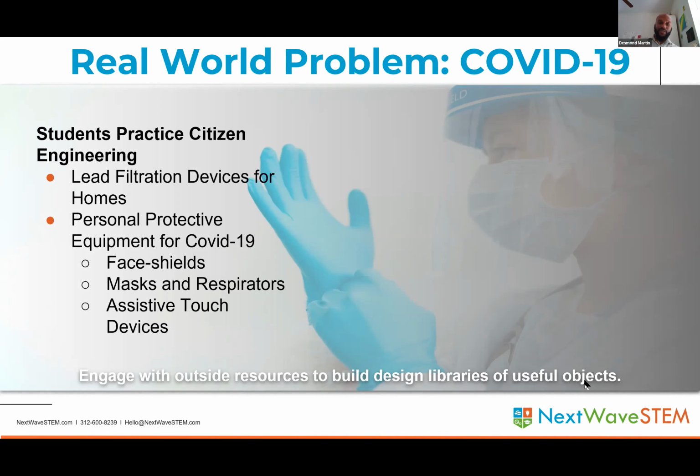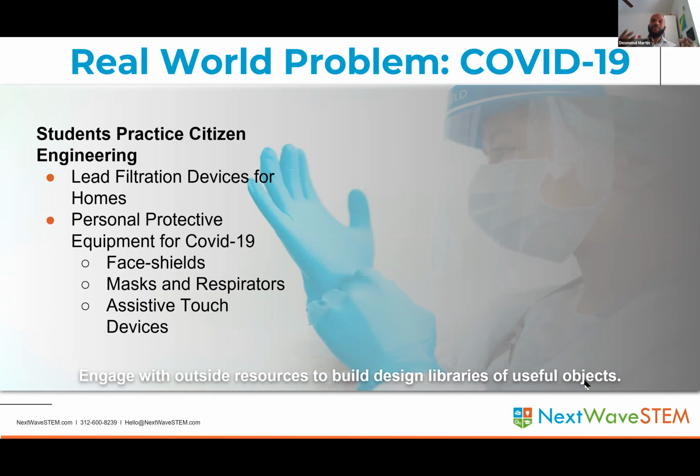But more specifically, personal protective equipment, things like face masks, shields and respirators, and even what we call assistive touch devices, things that allow you to interact with the world around you, say door handles or bags or straps without touching them, so that you're really eliminating high touch areas from your physical person.